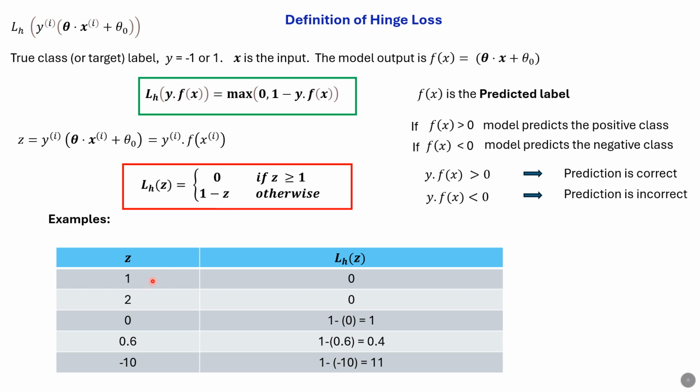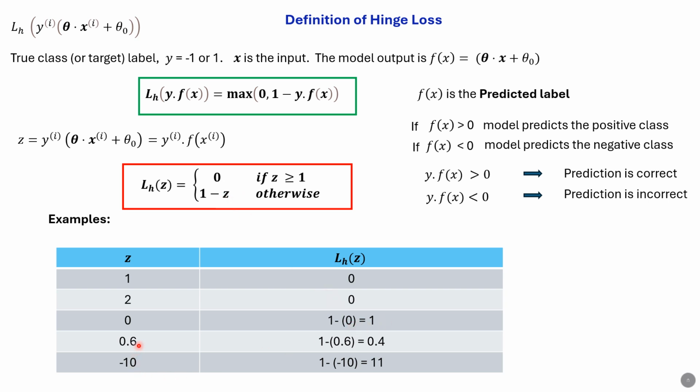So let's look at some examples. If this agreement C is 1, then loss is 0 because it satisfies this condition. Again, if it is 2, then loss is 0 because it is greater than 1. If it is 0, then we have to follow this rule: 1 minus C, which gives 1.